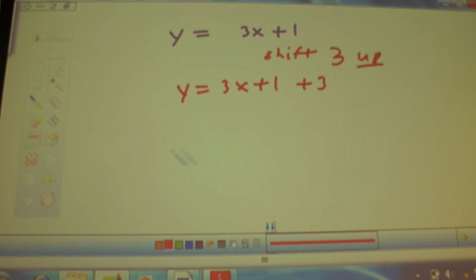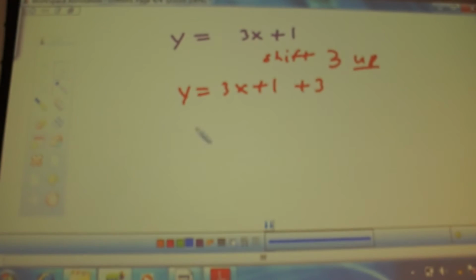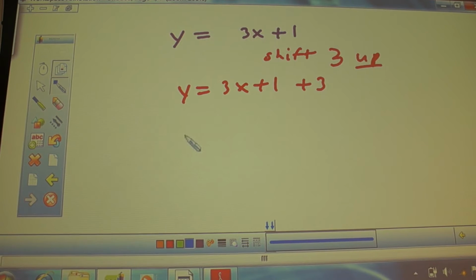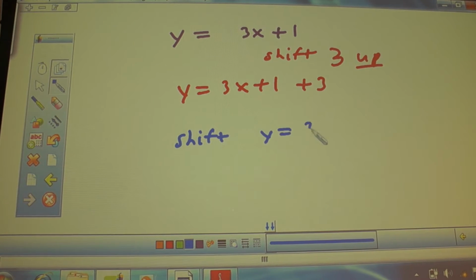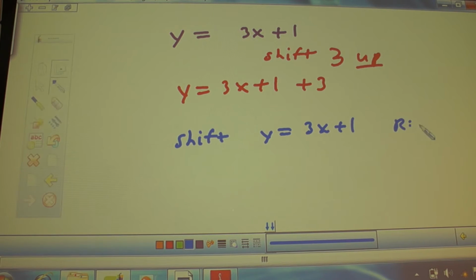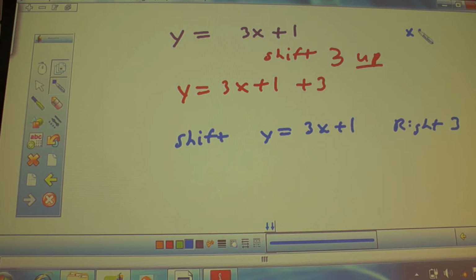So here, I want to shift y equals 3x plus 1 right 3. That's harder because, okay, let me give you an example. When x is 0, y is 1. If I go up 3, I need y to be 4.